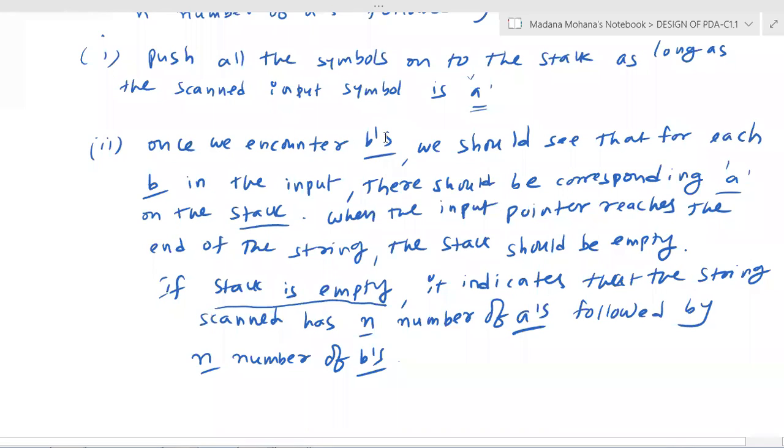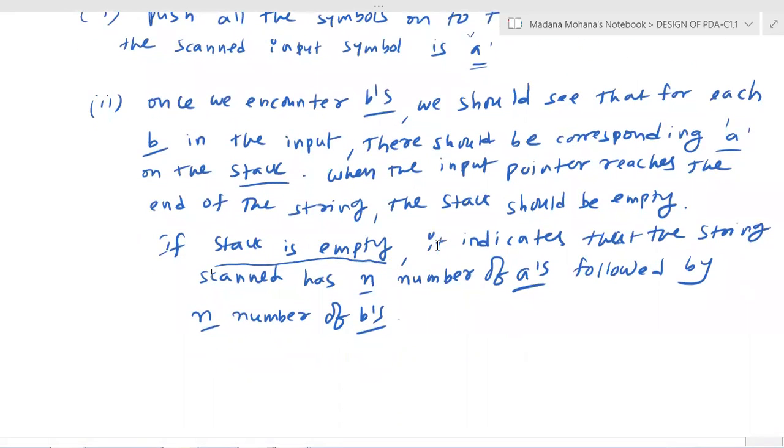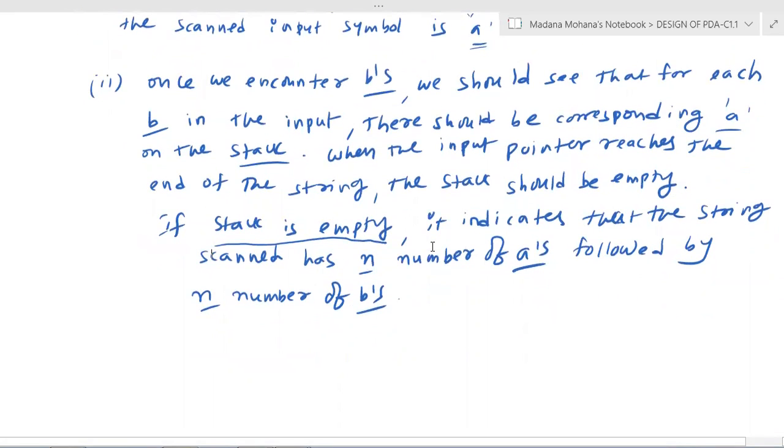So whenever the control moves to the end, all symbols on the stack should be erased. Then finally, stack is empty. Whenever stack is empty, it indicates the string scanned from the given language consists of n number of A's followed by n number of B's.